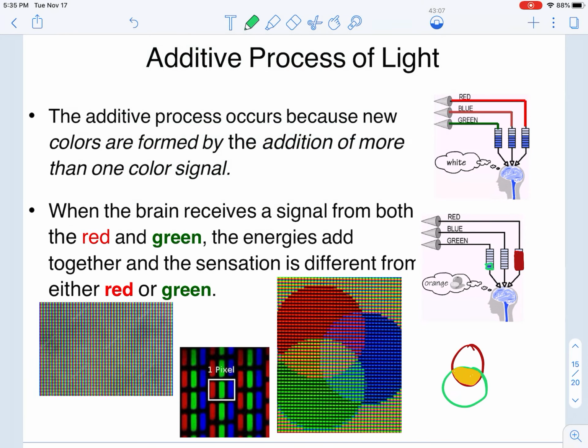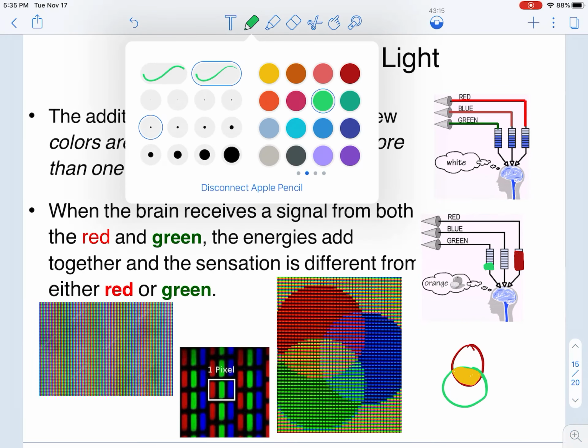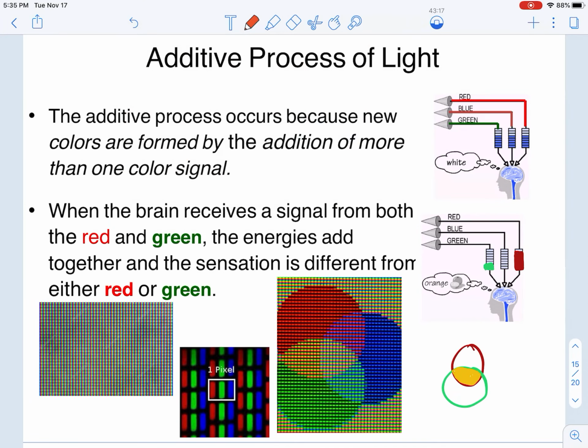So this says that we have a strong intensity that goes with the color red. And then we have a weak intensity for the color green. So if we have a strong signal for red and a weak signal for green, now our brain is going to take that information and say, okay, now we are looking at the color orange.